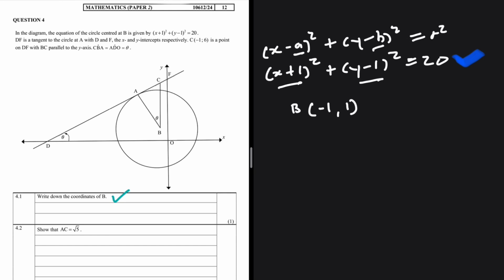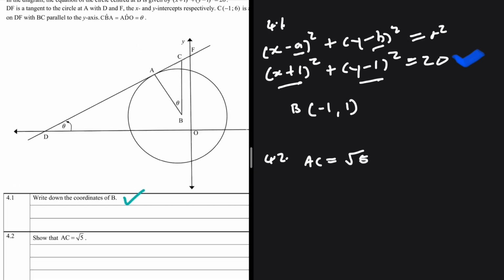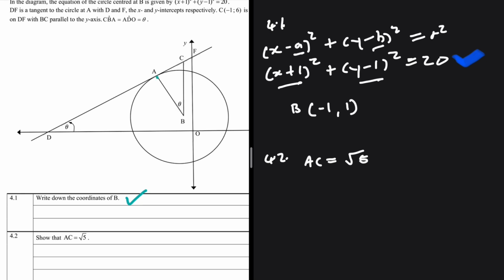That is 4.1. Let's take a look at 4.2. 4.2 says show that AC is equal to the square root of 5. What even is AC? Let's go and take a look. So we have AC, and then B is the center. We have the coordinates of the center.